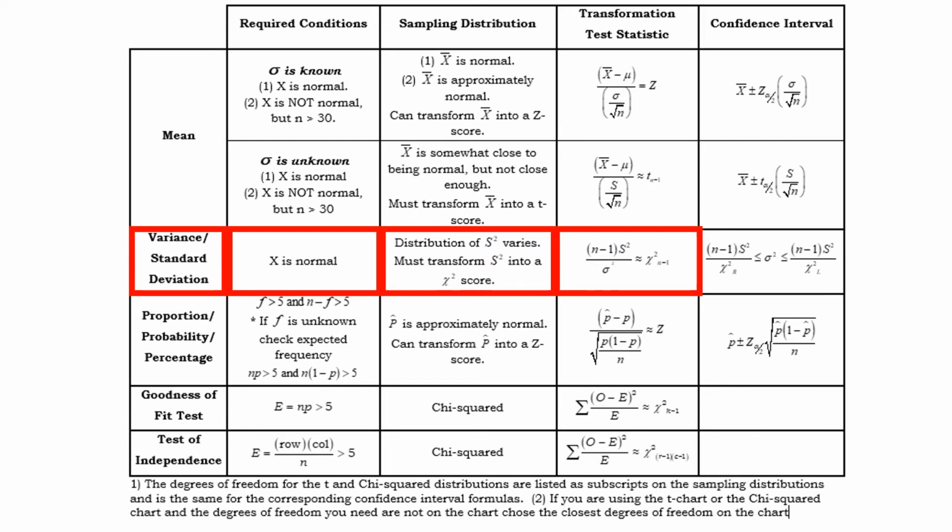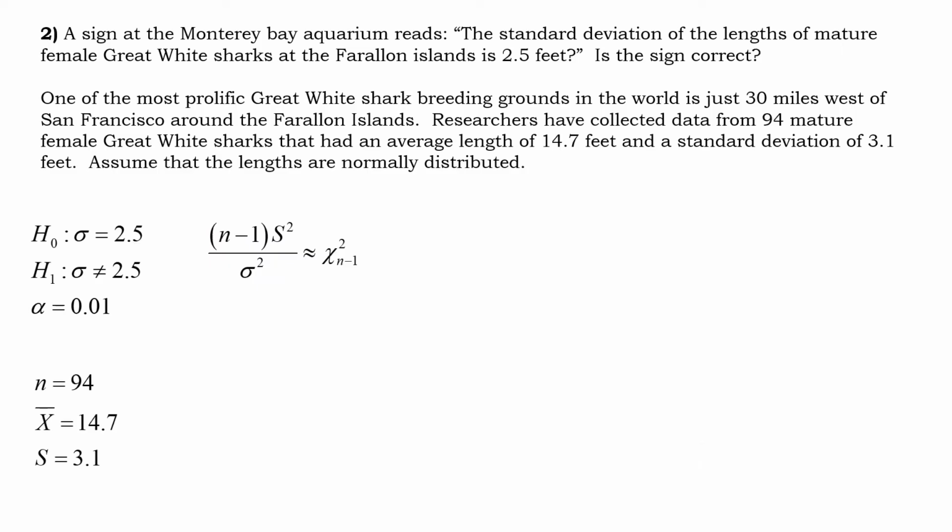So let's go back and calculate our test statistic. We've chosen our equation. Again, we need n, s, and sigma, or s squared and sigma squared. Either way, if you know s, you know s squared, and if you know sigma, you know sigma squared. So n is 94, s is 3.1. That's where I get my numerator from.